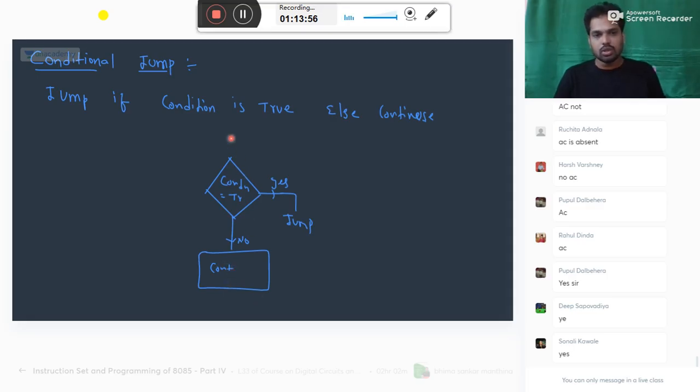Here you have the program counter. Not PC plus 3 at a stretch, because it is a 3-byte instruction. I want to say that it will go to the next instruction.